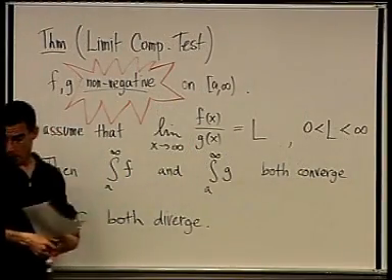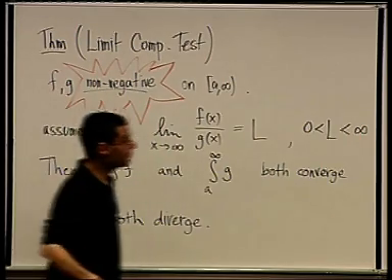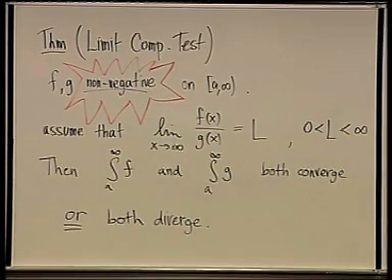What if I have functions which are sometimes negative and sometimes positive, which are not of a fixed sign? Well, I have fewer tools to work with, but still there is stuff I can do. And this is what I want to cover now.